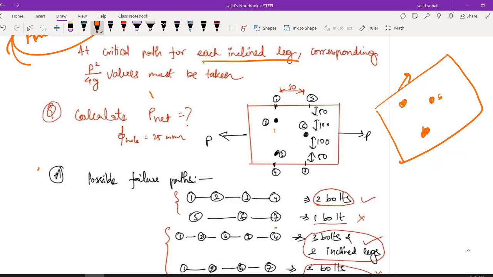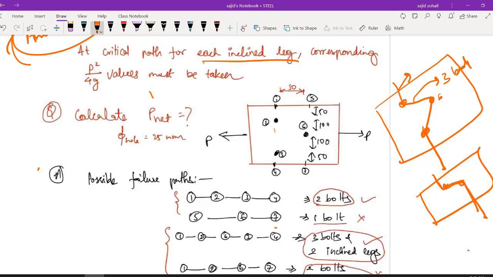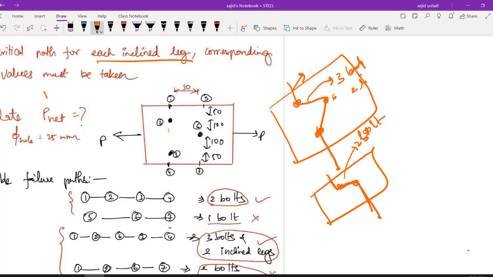So obviously it's your common sense that if you are going like this, and the second case if you are just going like this, in this there are three bolts and two inclined legs. Here there are only two bolts and one inclined leg. So your common sense clearly says obviously this should be more critical compared to this, right? So like that you can eliminate various things and decide which is the most critical path.